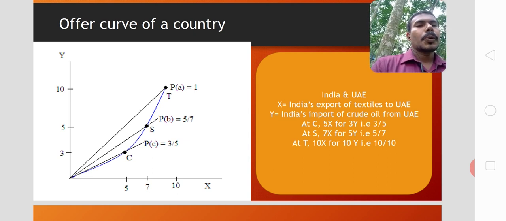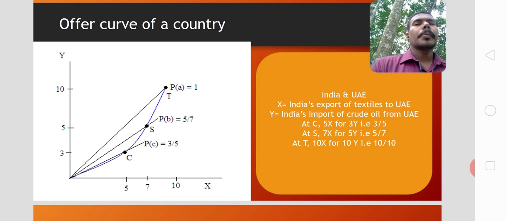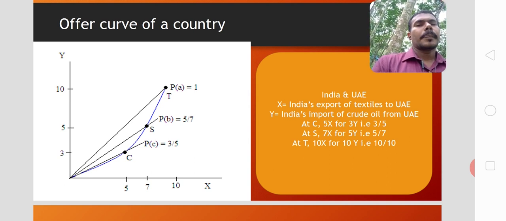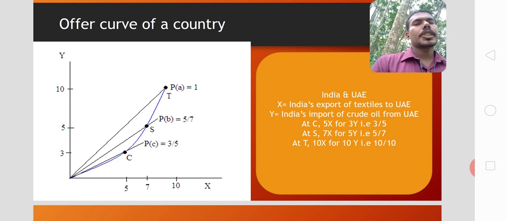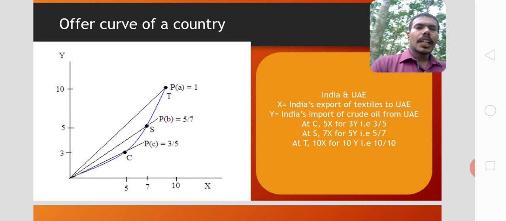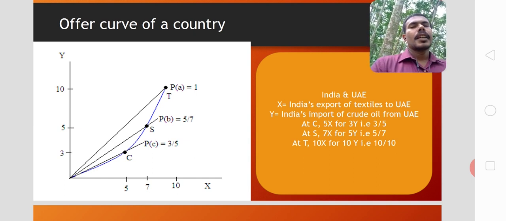So India exports to the United Arab Emirates. In return, the United Arab Emirates exports crude oil, which is measured along the vertical axis, the Y axis, and the quantities of crude oil measured are 3, 5 and 10.